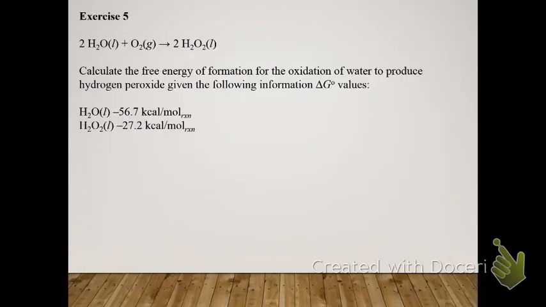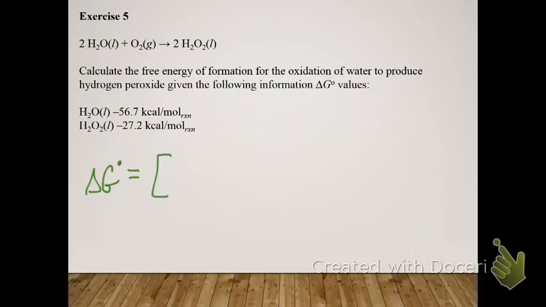All right, now let's work some problems with all the different ways that we can calculate Gibbs free energy. Here we have a problem, reaction of water and oxygen making hydrogen peroxide. They're giving us the delta G values, so that means this is a summation equation. So delta G is going to be equal to products minus reactants.